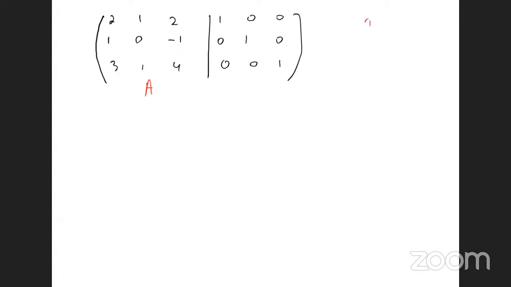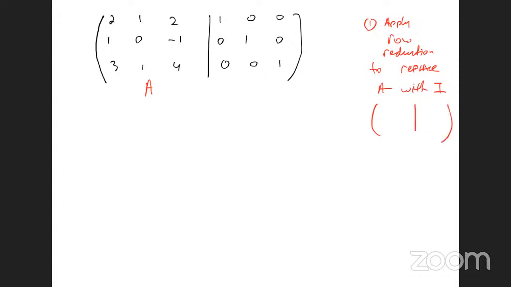In order for you to do it, you have to apply row reduction to replace A with I. So if I replace A with I, how will the final matrix look?